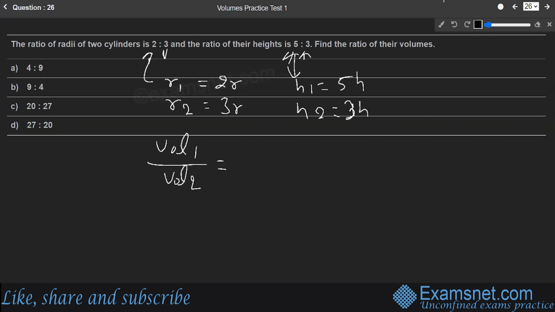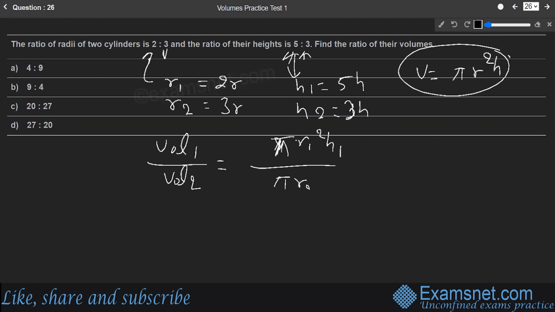These are the volumes of a cylinder. So volume of a cylinder is always given by pi r square h. So we're going to use this formula for finding out the volume. Volume number 1 will be pi into r1 square h1, and volume number 2 will be pi into r2 square h2. Let's see what those values are.